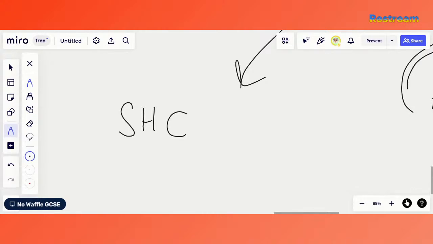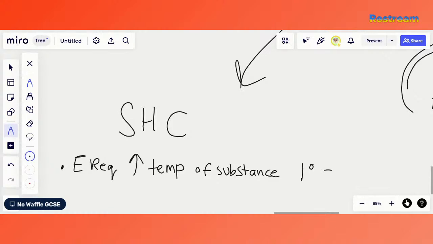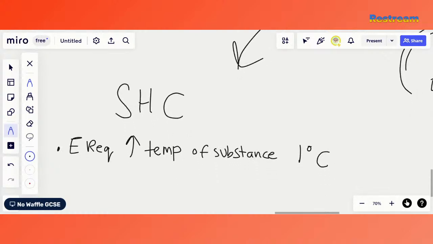Specific heat capacity is the amount of energy required to raise the temperature of a substance by 1 degree Celsius exactly for 1 kilogram of that substance without changing the state of the material.